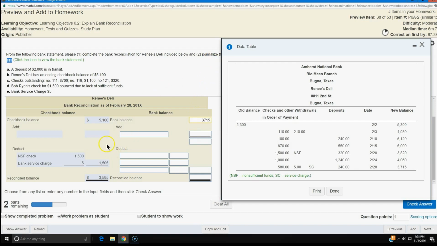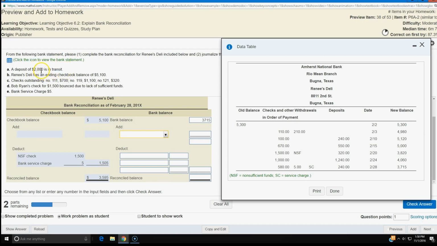So we'll pop that in, 3,715. Now, they're telling you up here there was a deposit that we made. We had to check our records against the bank statement, and in fact, we made a deposit toward the end of the month, which the bank didn't get.